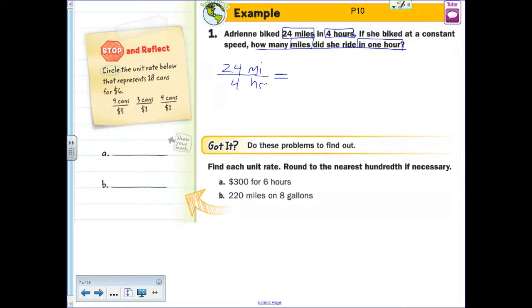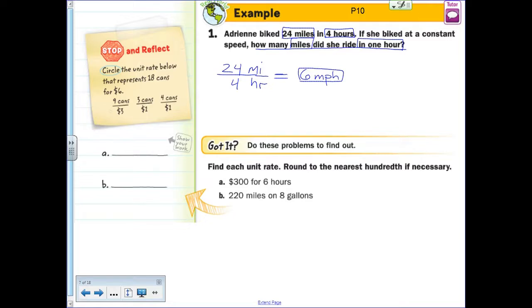So 24 divided by 4 is 6, and it's 6 miles per hour. Okay?